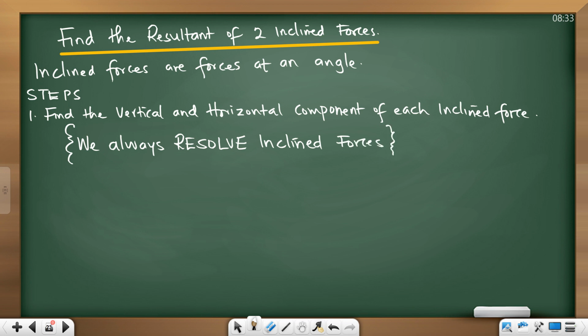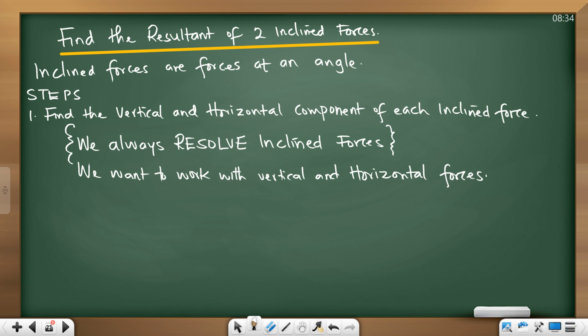Anytime you see a force at an angle, you find the vertical and horizontal, because we want to work with vertical and horizontal forces. This is why we always resolve.